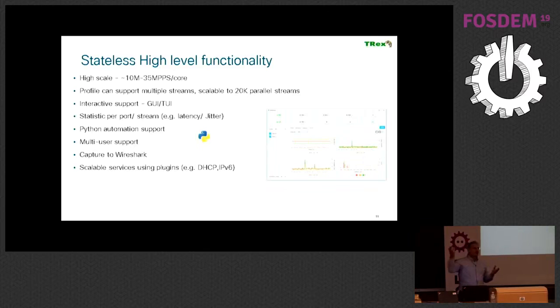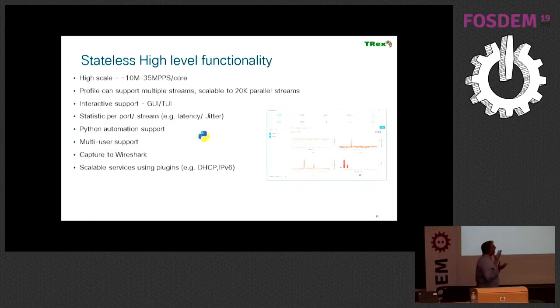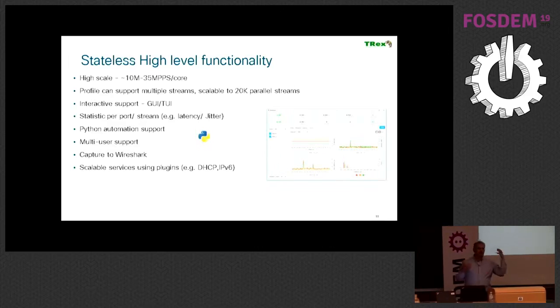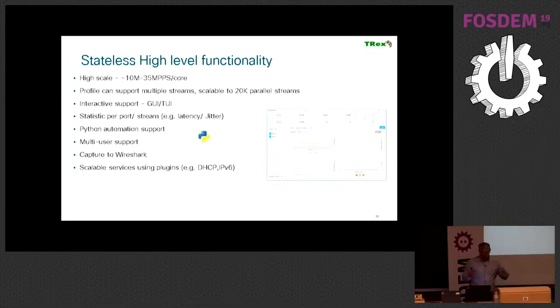So there is a server side, you install the TRex server, and then you interact with it with the client, with Python. You add streams, remove streams, get statistics, start, remove, and everything else. There is a nice GUI that works on top of this JSON-RPC API.